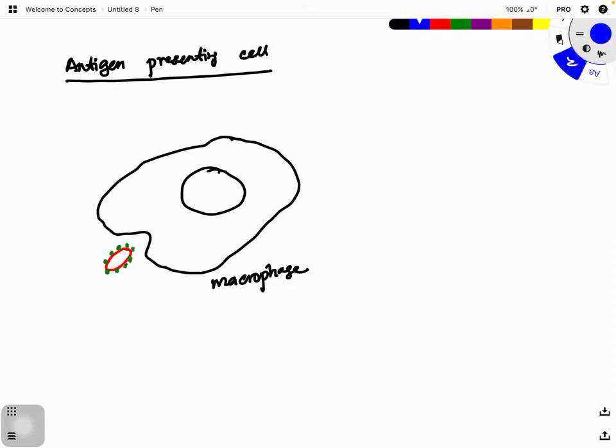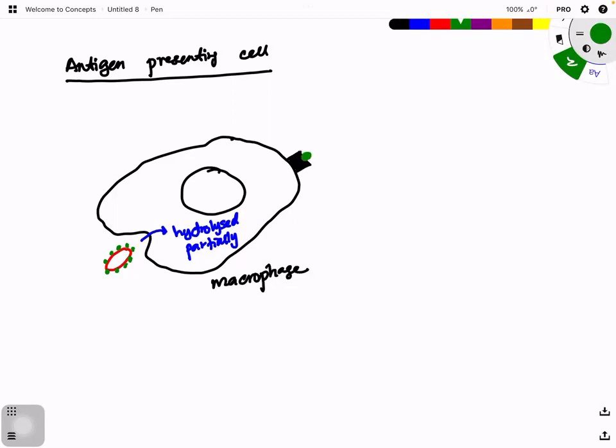After phagocytosis, this pathogen is hydrolyzed partially. Once hydrolyzed partially, the macrophage has the ability to present the antigen.